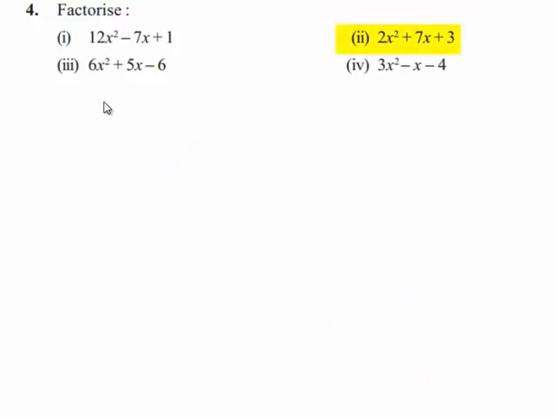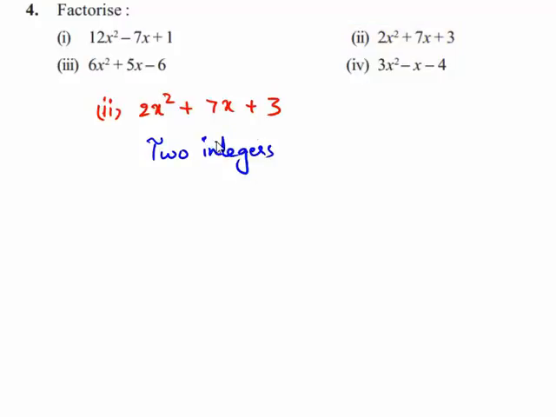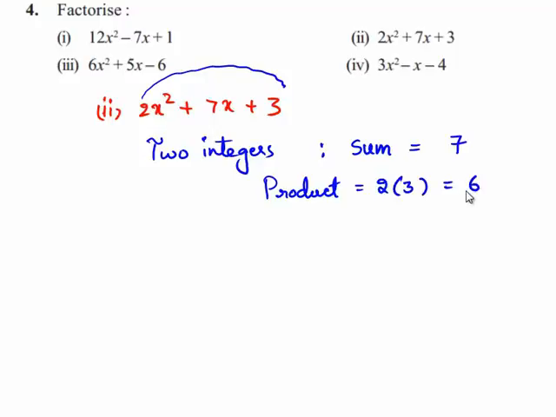So the second polynomial given to us is 2x square plus 7x plus 3. In order to factorize the given polynomial, we need two integers such that their sum is equal to 7 and product is equal to 2 times 3, which is 6.